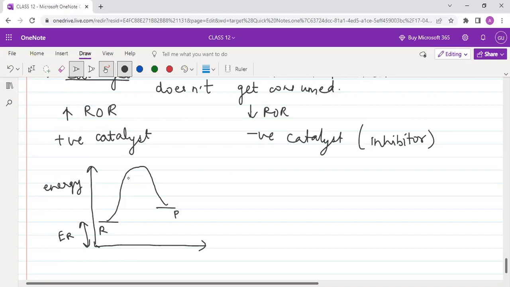There is an energy barrier. The reactants have to cross this energy barrier. They have to attain this much energy and then they'll get transformed into product. So the topmost energy peak is called the activated complex, or it was called the transition state.